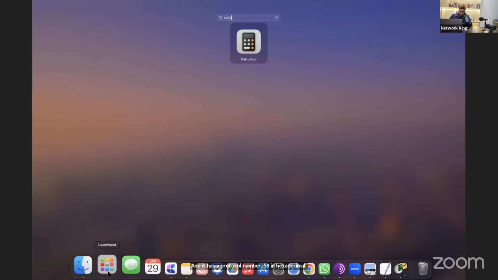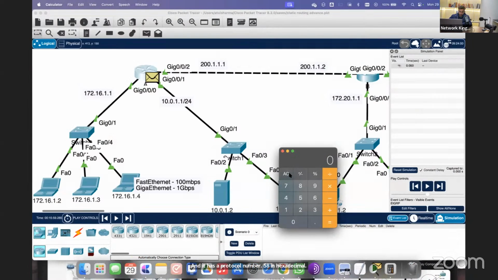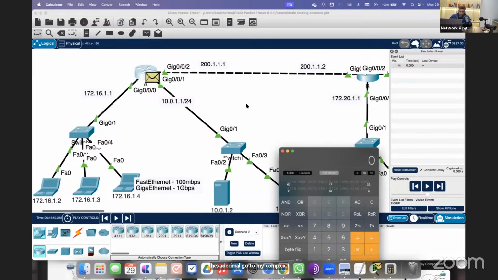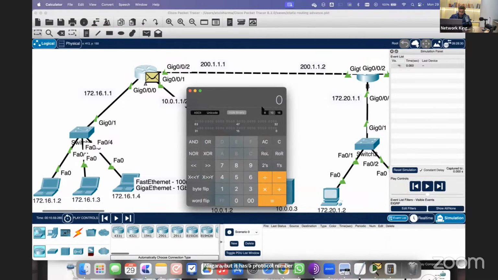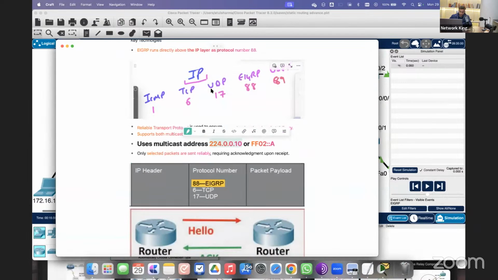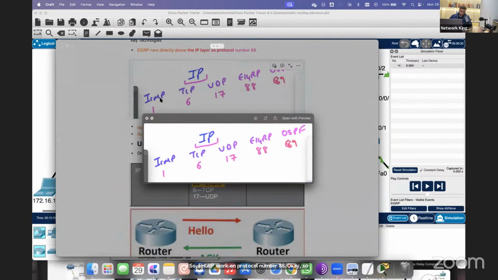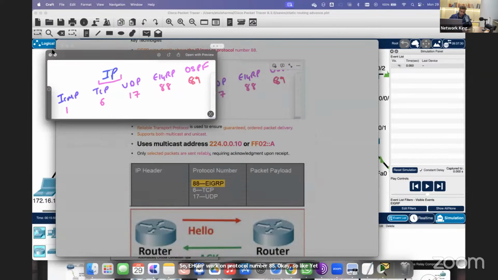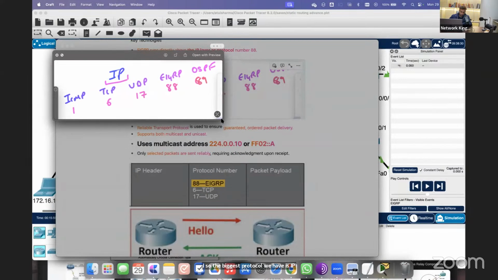I won't make hexadecimal complex for you, but it has a protocol number. If I say 58 in hexadecimal, the actual number is 88. So EIGRP works on protocol number 88. The biggest protocol we have is IP. ICMP has protocol number 1.